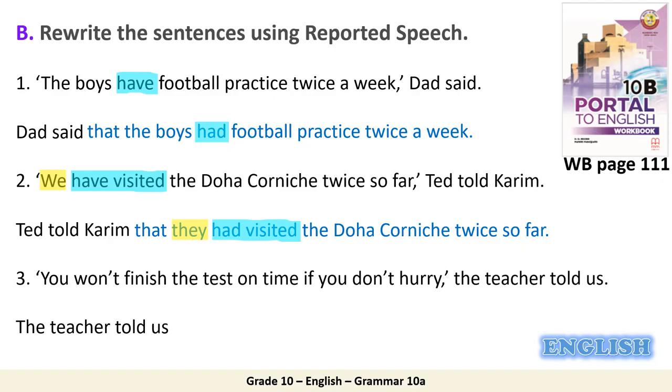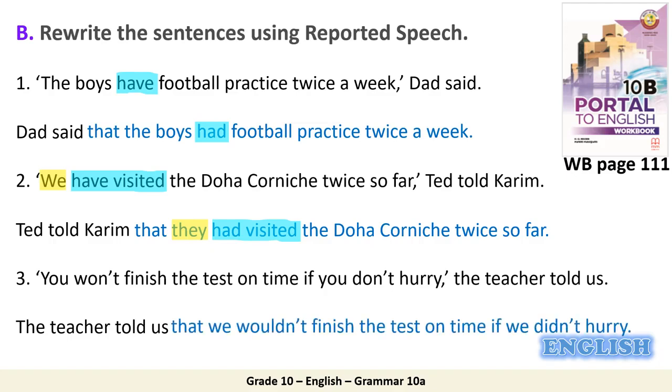You won't finish the test on time if you don't hurry, the teacher told us. And we are going to start with the teacher told us. So how did you change? Very good. The teacher told us that we wouldn't finish the test on time if we didn't hurry. So what are the changes that you did?